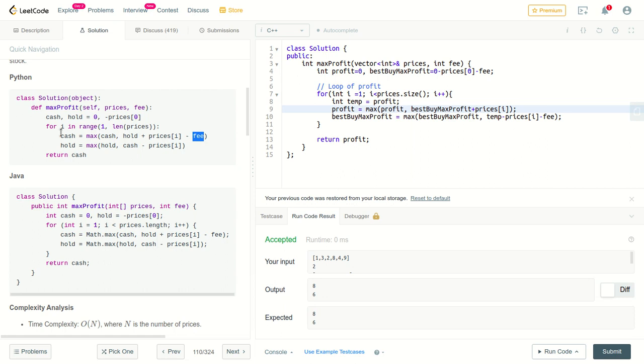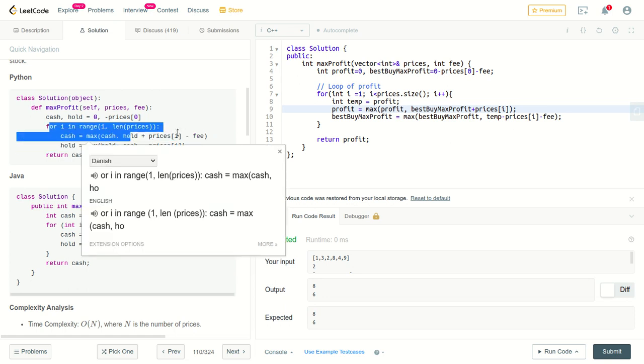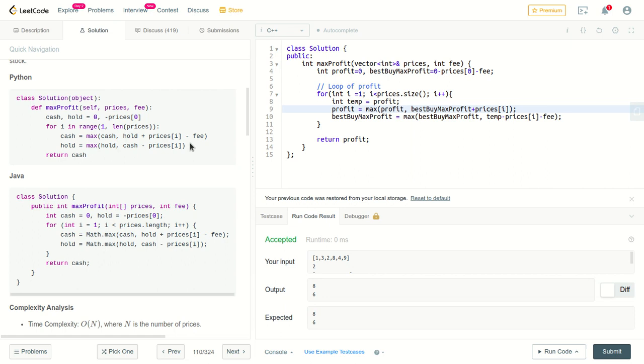Okay, so in every iteration of this loop, he is considering each current element of this price array to be a tentative selling price. Okay, so he is selling, that is why this value gets added up with what he already holds.